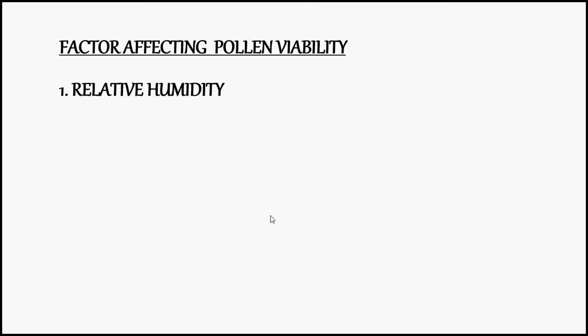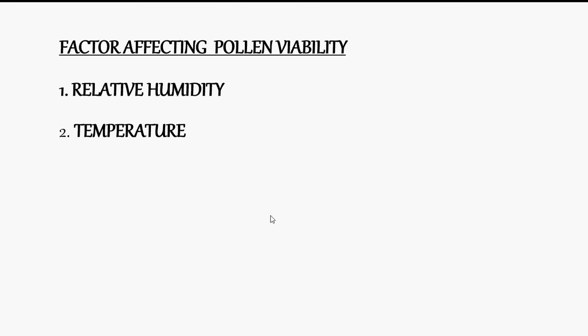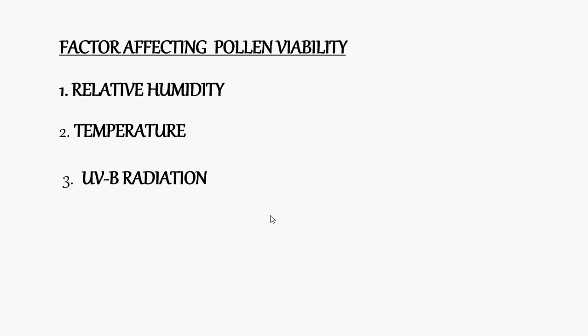The factors affecting pollen viability: relative humidity, temperature, UVB radiation, and transport. Transport is nothing but the pollen grains being transferred from one flower to another flower, or from the anther to the stigma of another flower of the same plant.